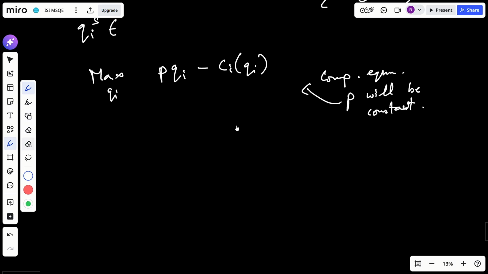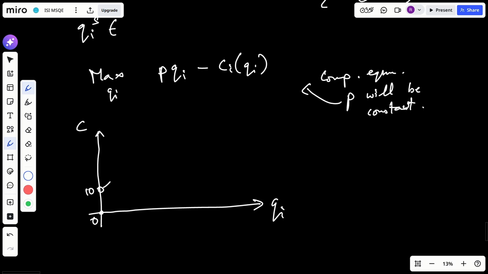Now I will draw a graph for the cost function. This is QI, this is the cost. When QI is equal to 0, cost is also 0, and when QI is strictly positive, the cost function becomes 10 plus 2 QI.